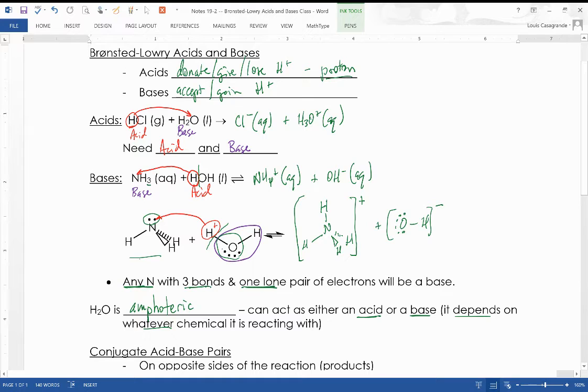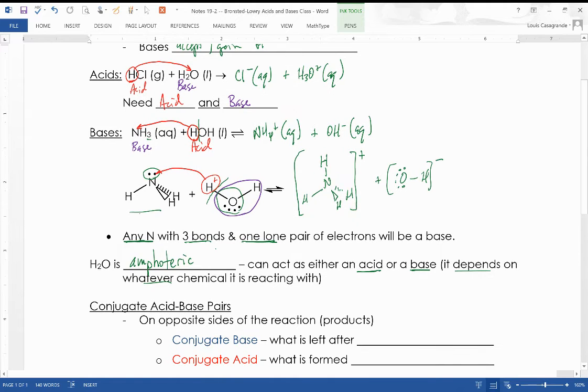So going through this reaction, these reactions have products which are also important to us. Products, things on the opposite side of the reaction. These are called conjugates, and the conjugates form conjugate acid-base pairs. With acids and bases, they always come in these pairs.